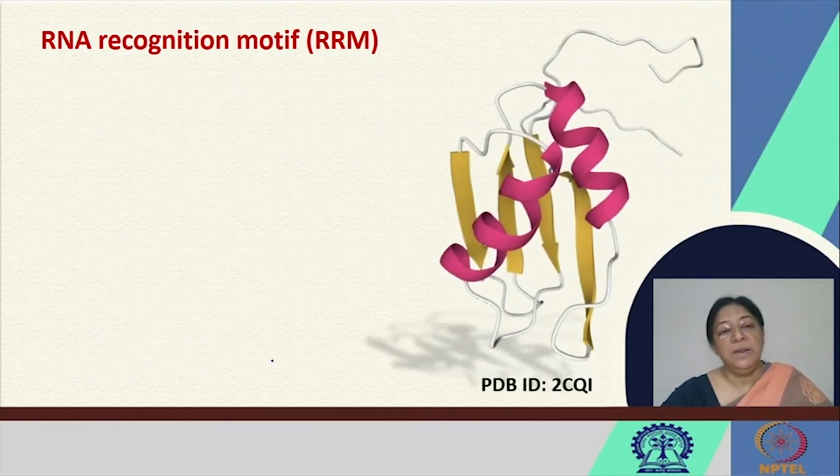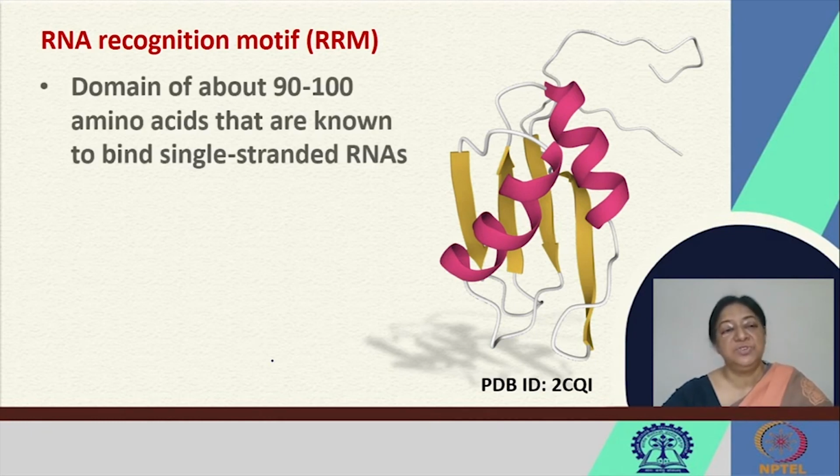When we look at the RNA recognition motif, or RRM, there are specific characteristics of the types of residues involved, and more so structural importance based on domains in the protein that have specific secondary structures.